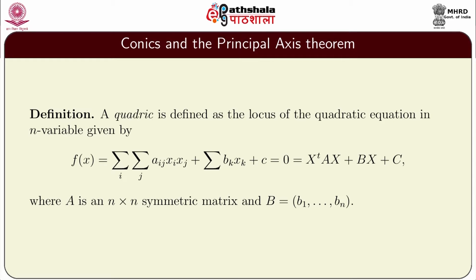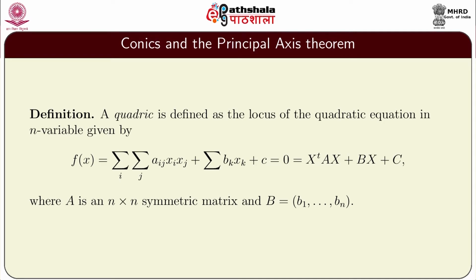And once again we can see that there is a quadratic form sitting naturally in this expression, coming from the homogeneous degree 2 part, the double summation aij xi xj, which can be written as x transpose Ax, where A is an n by n real symmetric matrix.